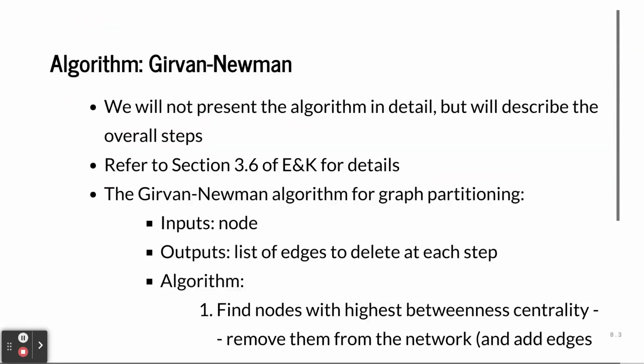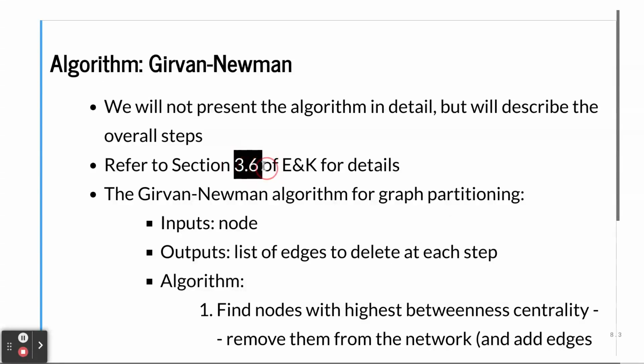So now that we have a measure of how central a node is, or how much information has to pass through it, we're ready to talk through an algorithm for how we might partition a graph. We're not going to go into detail and implement this algorithm here, but we'll refer you to section 3.6 of that textbook for more details on how it works.